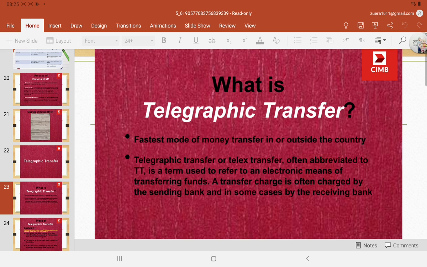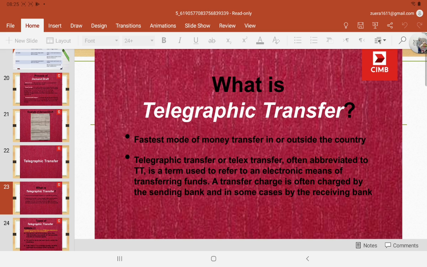A transfer charge is often charged by the sending bank and in some cases by the receiving bank. For a demand draft it is usually maybe RM2 to RM5. For the telegraphic transfer, they usually charge more because it is the fastest mode, so they will charge customers higher fees.